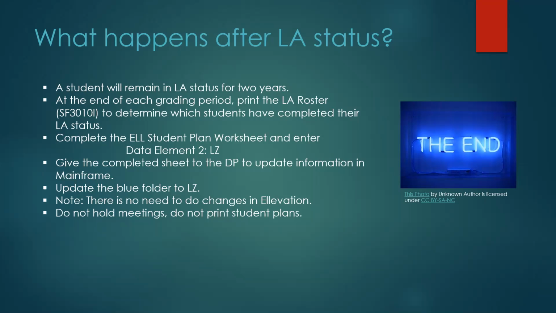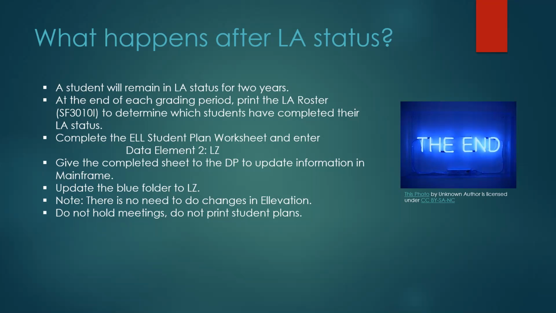You can see who has completed their LA status, and after 2 years, you're going to take an ELL student plan worksheet and enter data element 2. You're going to change that to LZ. You're going to give that to the data processor, and she's going to update the information in mainframe.